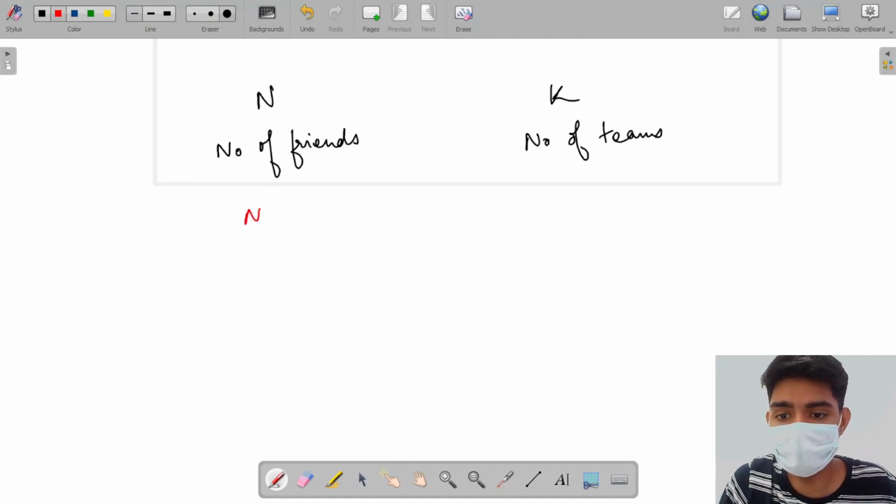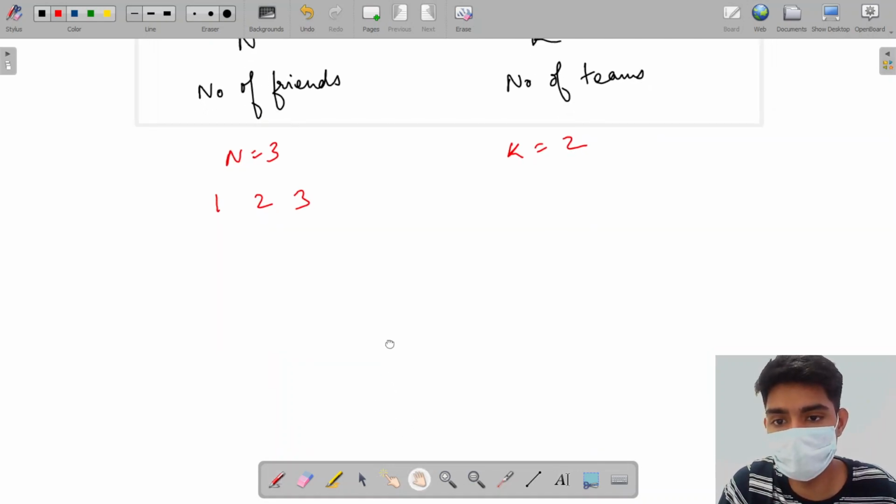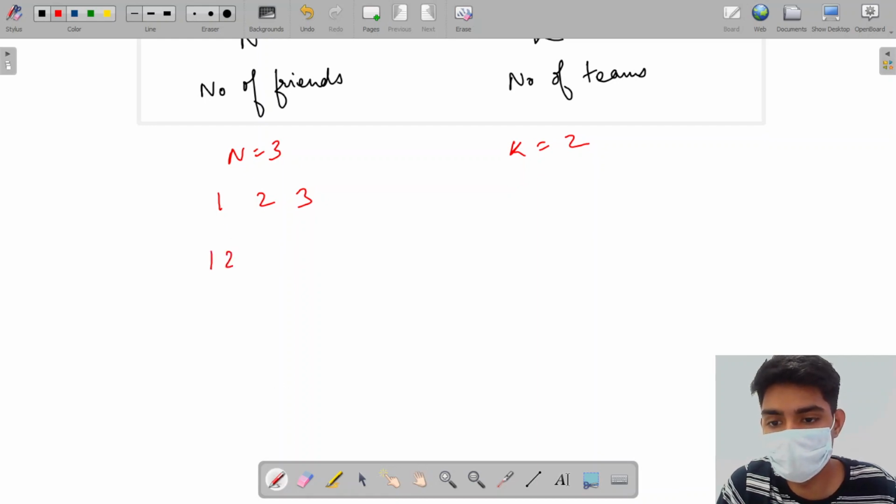Let's say I have n equals 3 and k equals 2. So my three friends would be 1, 2, and 3, and I have to divide them in two teams. I can take 1, 2 as a team and then 3 would go alone.